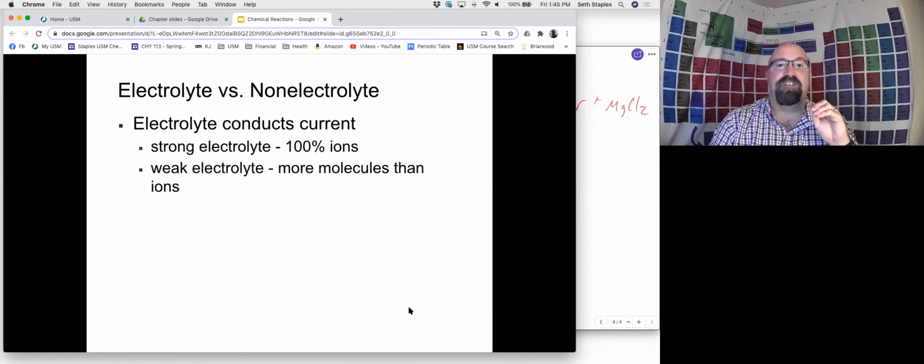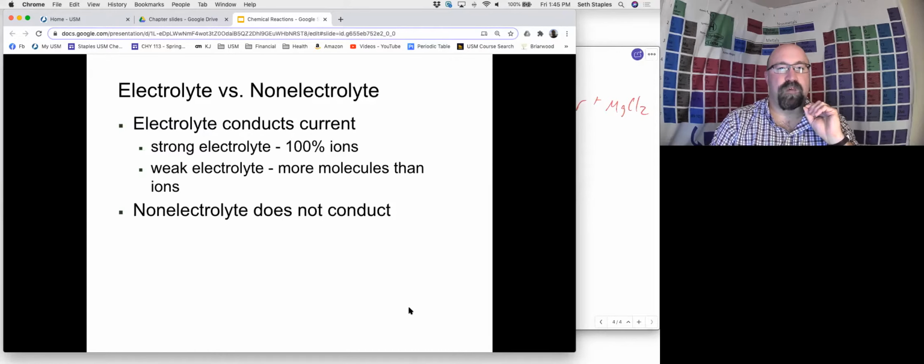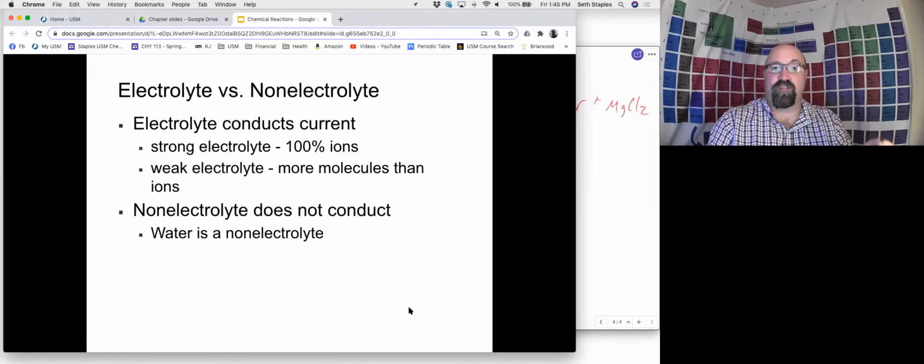Weak electrolytes consist of more molecules than ions, and we'll see what that means in a few minutes. Non-electrolytes don't conduct current at all. And so they could still be a solution, still be a solute dissolved in a solvent, some sort of aqueous solution, but a non-electrolyte is not going to be a solution that conducts electricity.